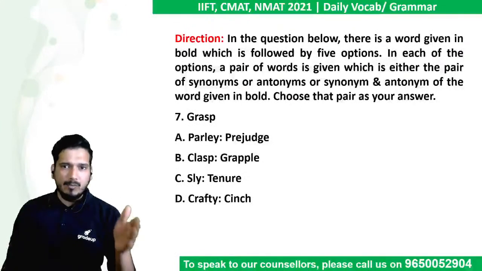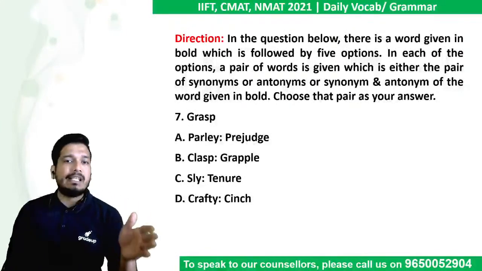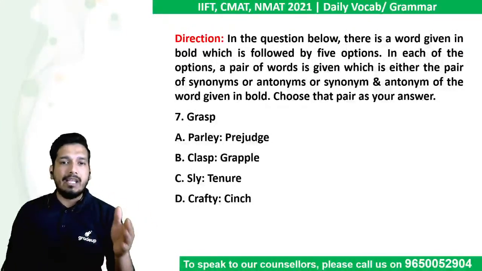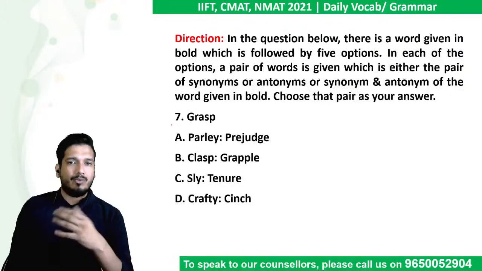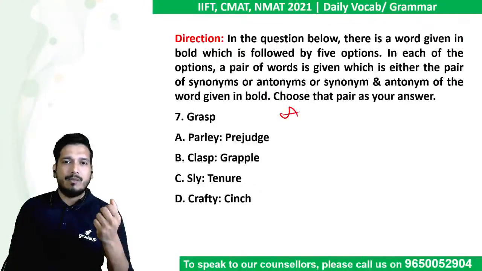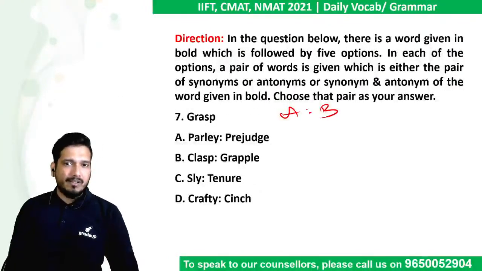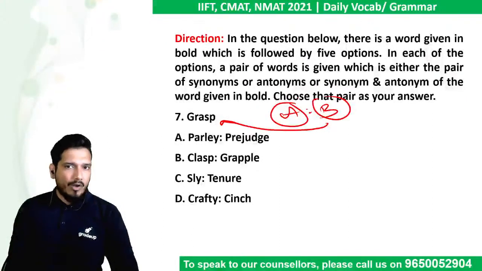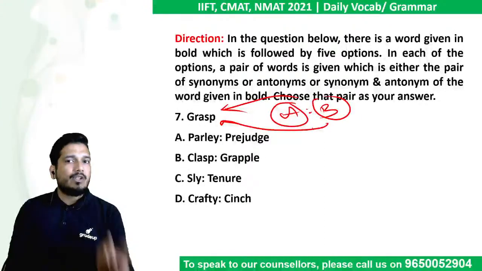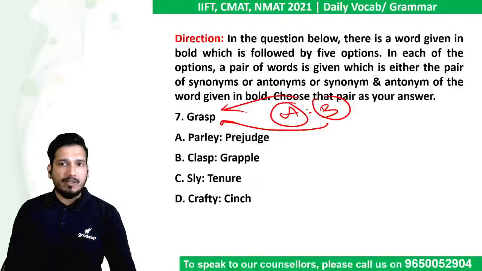B. Clasp is to grapple. C. Sly is to tenure. And D. Crafty is to cinch. So again, I'll explain the instructions. You have to go for an answer in which A and B are either synonyms or antonyms of grasp.